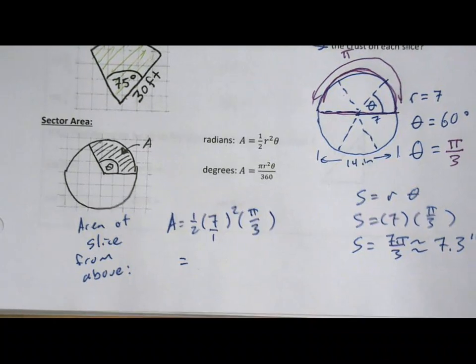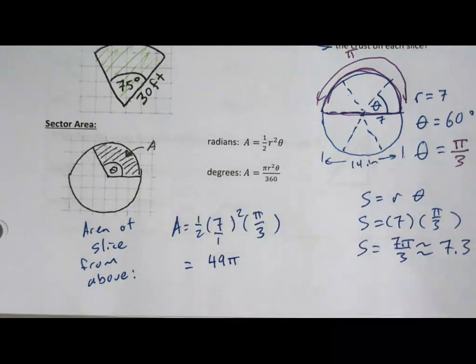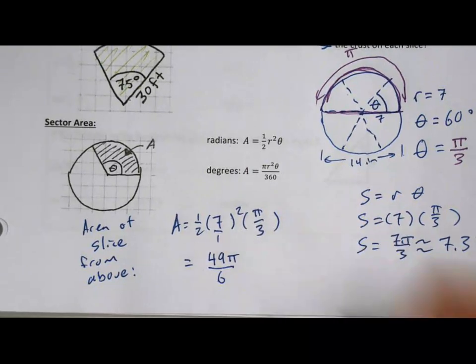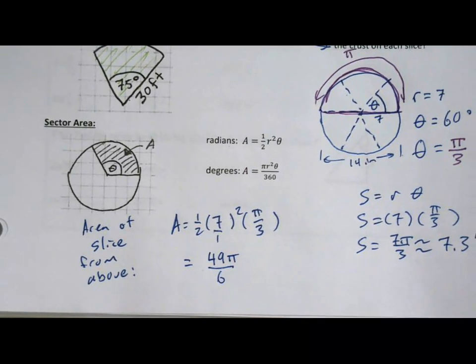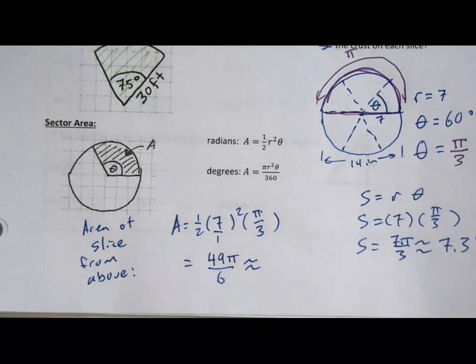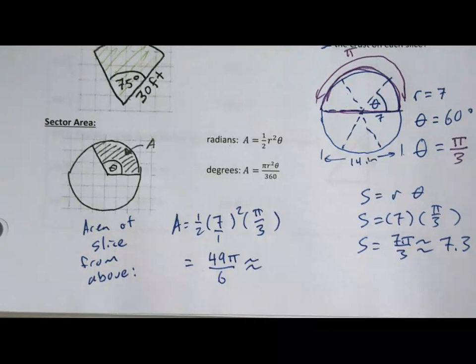I think that's 49 pi on the top. And 2 times 1 times 1 times 3 would be 6 on the bottom. 49 pi over 6. That doesn't simplify, but we'll go ahead and turn that into a decimal. Are you guys finding the pi button on your calculators?